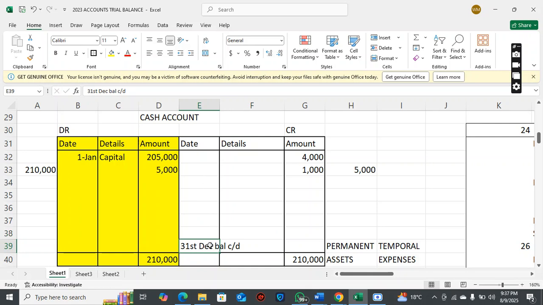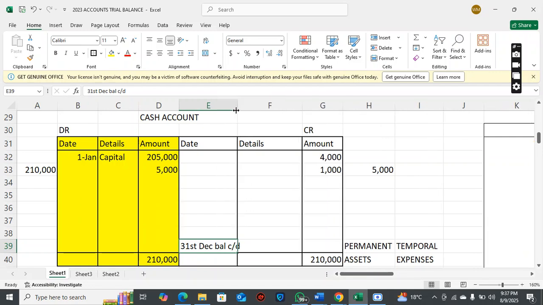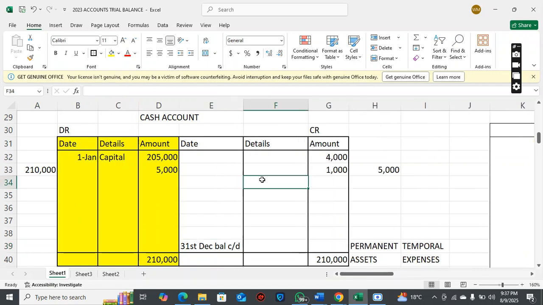That column you can also put this amount there. But even like this in an exam, if you're answering any question, just put it like this, you'll still be okay. So balance carried down, we're just subtracting the total debit minus the total credit, on the balance carried down part.